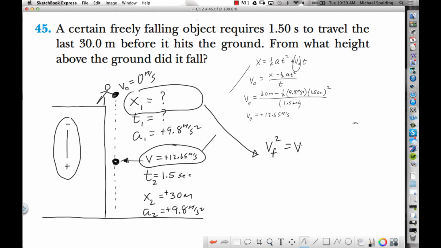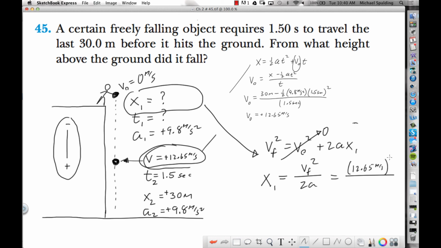v f squared equals v initial squared plus 2 a x. So v initial at the start of region 1 is 0. Now we can solve for x1. x1 is going to be v f squared over 2a. What's the final velocity for region 1? 12.65, squared, and then the acceleration is 9.8.